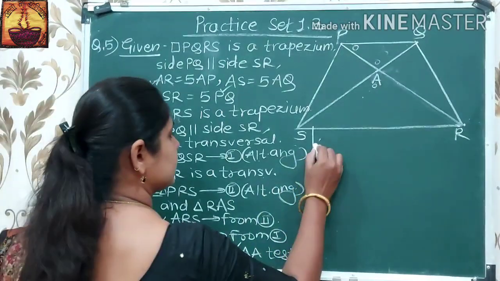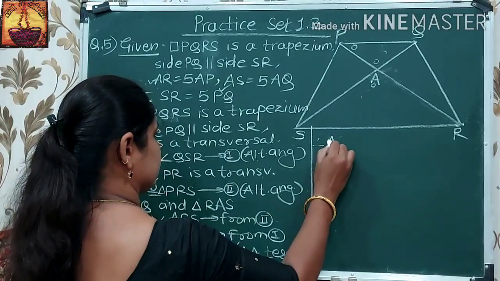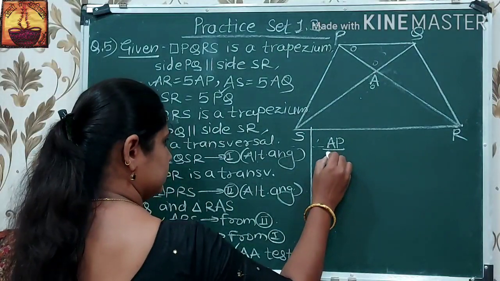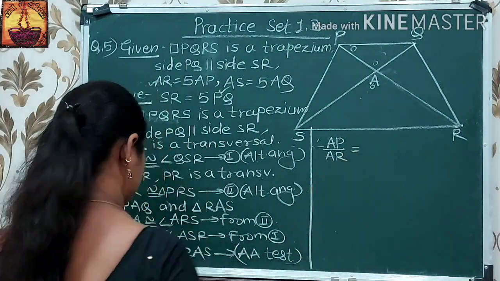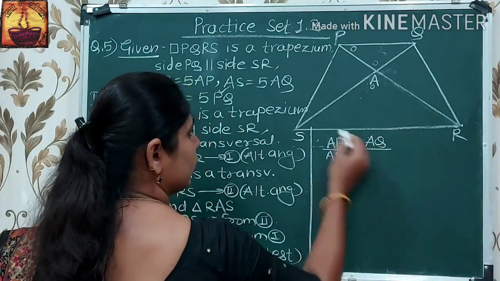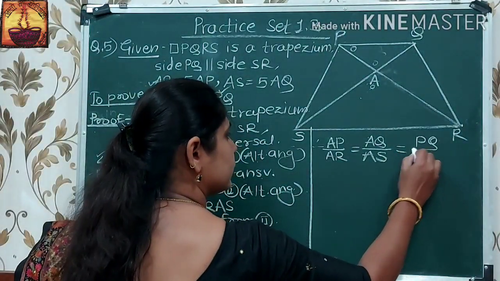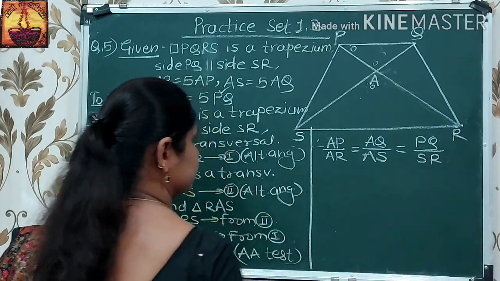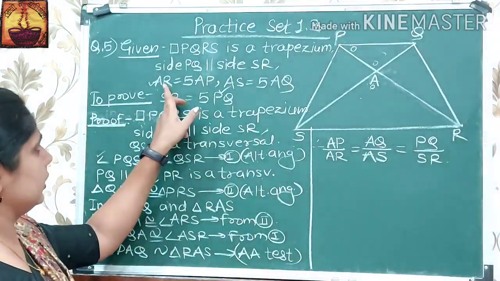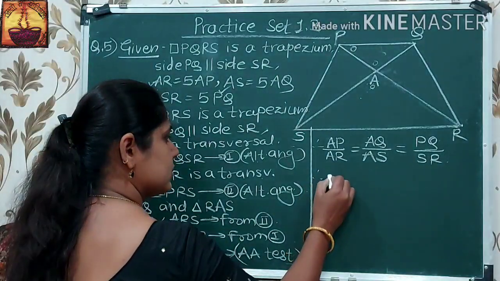Therefore, write here the sides: AP upon AR is equal to AQ upon AS is equal to PQ upon SR. Now we have the values of AR and AS, so put in these values.